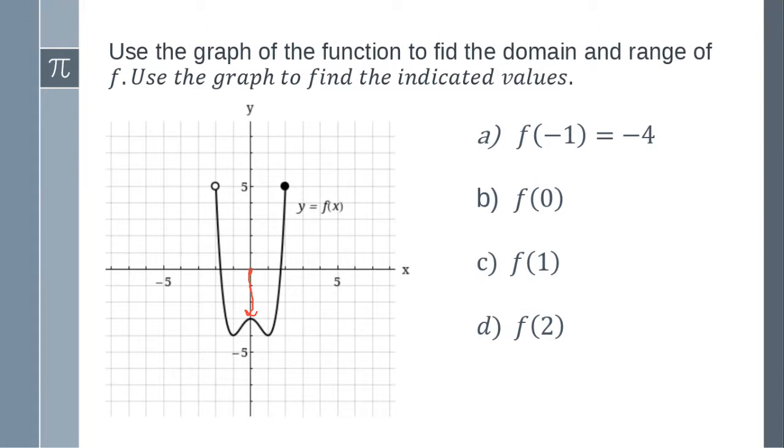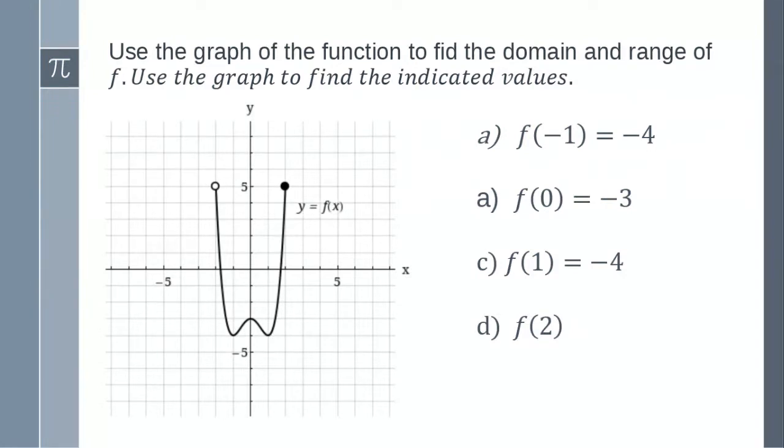And I can see this is -5, this is -4. My answer would be -3, right? Okay, let's look at the next one. C, my input, my x value is 1. Where does this value correspond to my graph? Oh, okay, so this value corresponds to this -4 value. So my output is -4 given my input.